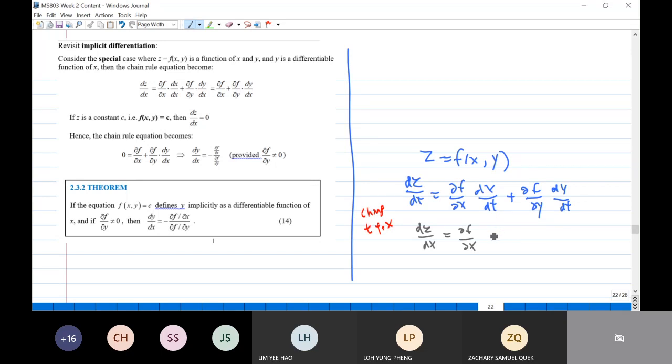Your t changes to x, and from here, dx dx is 1.